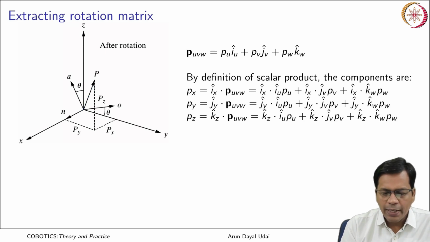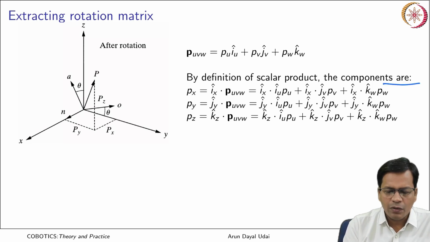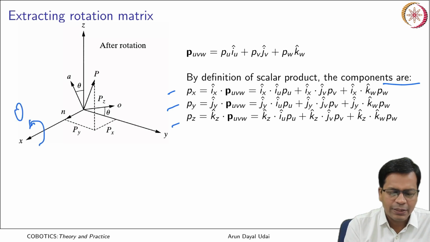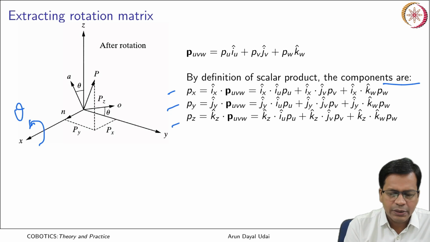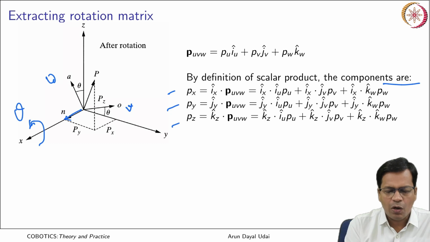Now by the definition of scalar products, the components along x, y and z: let us say it gets rotated by an angle theta about the x axis. So it comes to a new location, u remains where it was, and v and w come out of the x, y, z axes and a new position is attained.